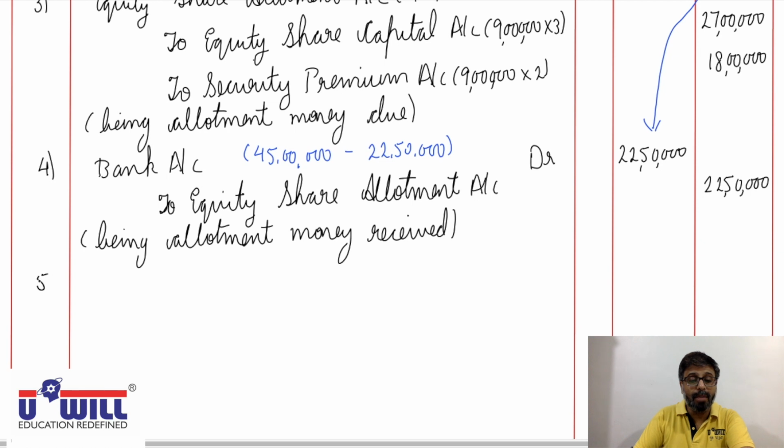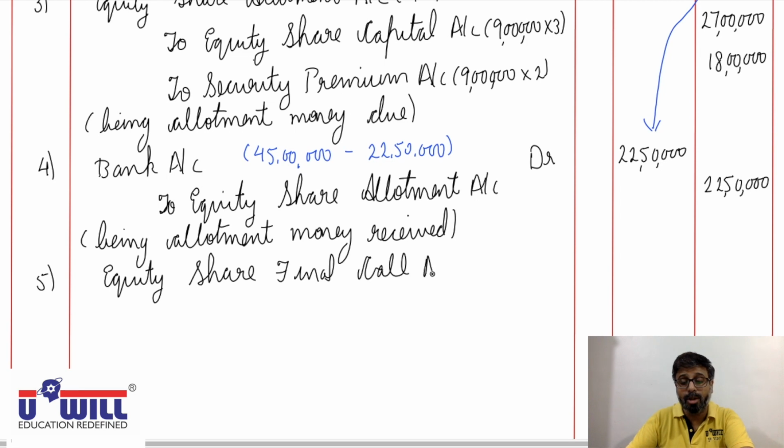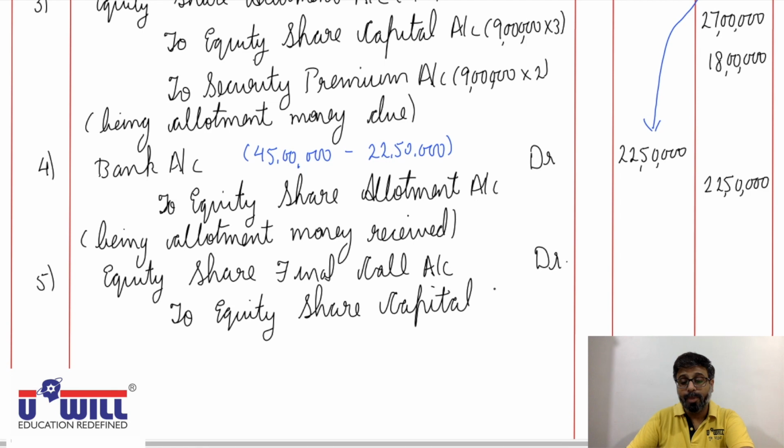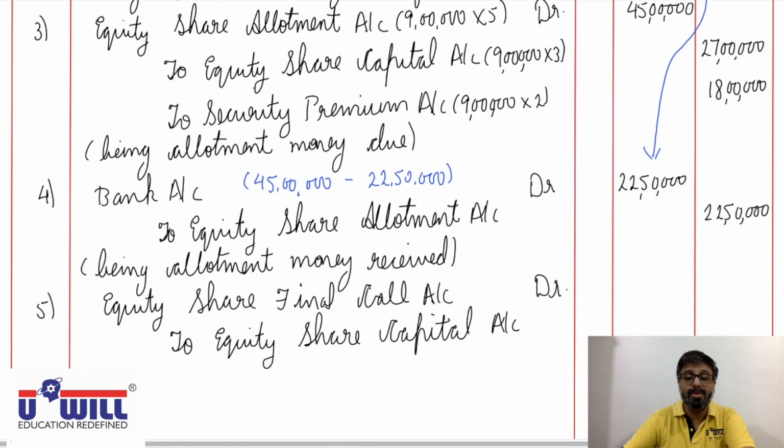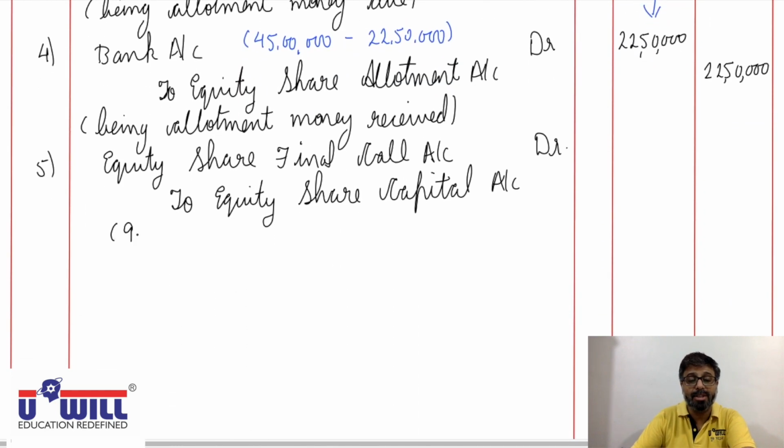So two entries of allotment are done. Now two entries of call. Equity share final call account debit. You can write first and final call also, there is only one call, so anything can be written. Equity share final call account debit to equity share capital account. As we discussed, all entries we have to pass with 9 lakh shares.